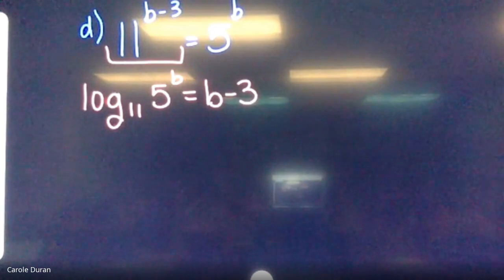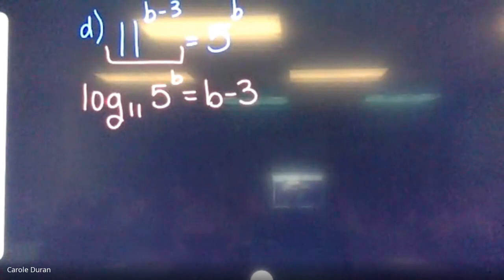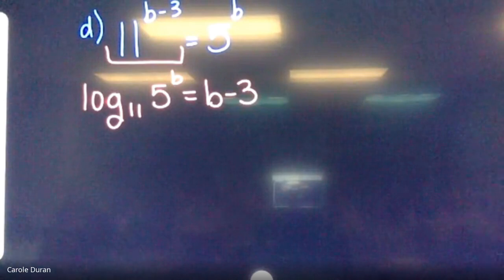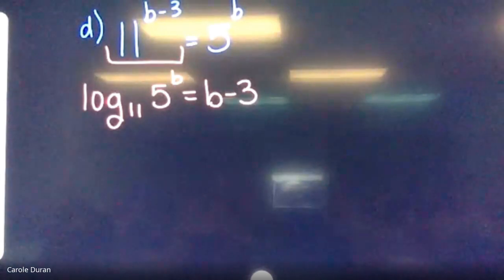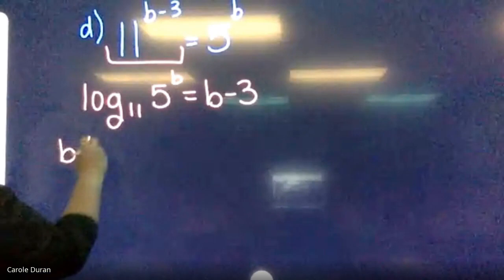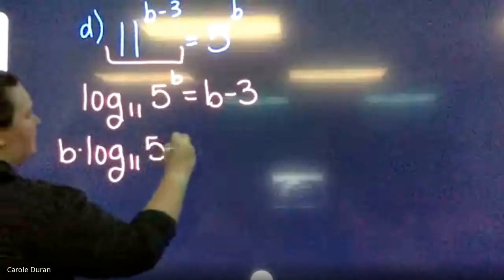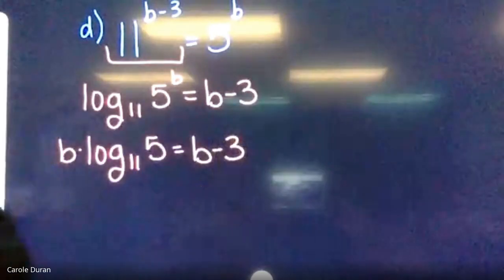Is there another way I can move that b from the exponent down out front? We have a logarithmic property that tells me that any exponent can be rewritten as a scalar multiplied into the front of my logarithm. In other words, it drops up front. So then this becomes b times log base 11 of 5 equals b minus 3.